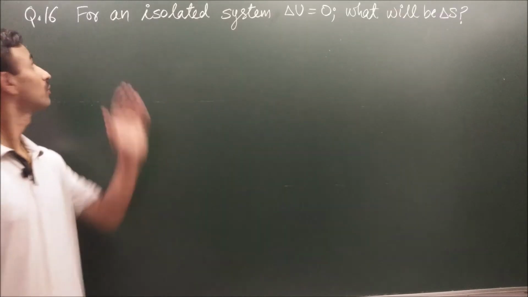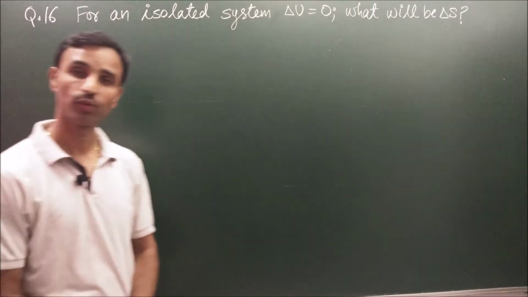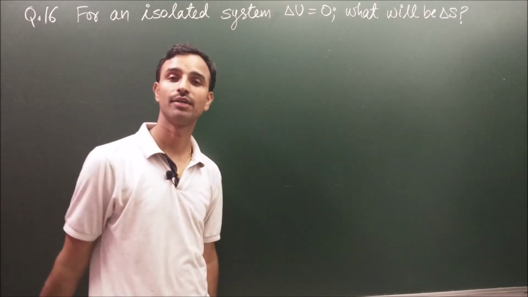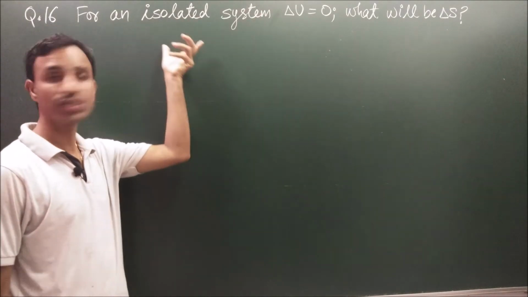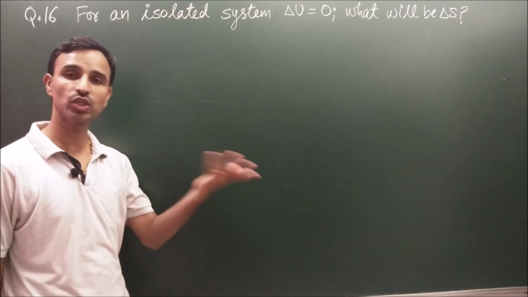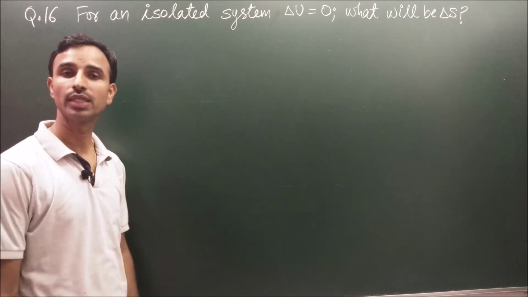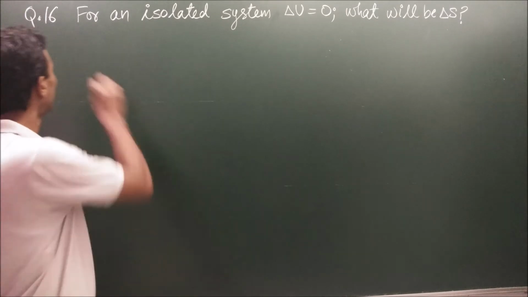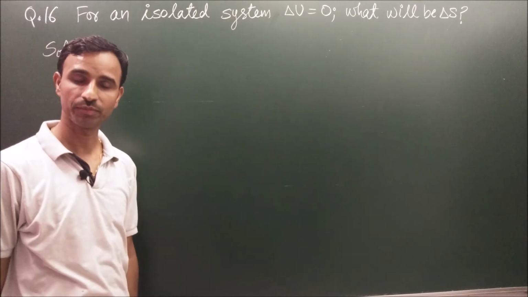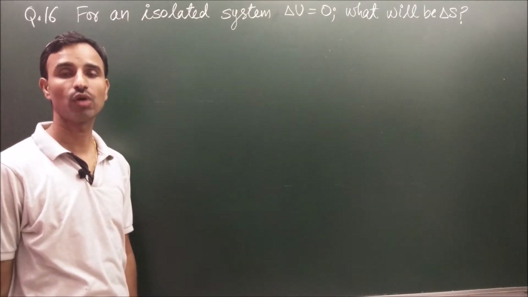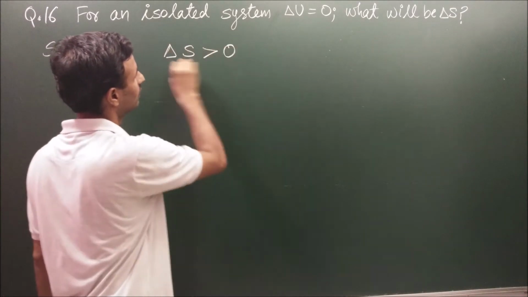Then let's go ahead. Question number 16 is, for an isolated system, delta U is 0. So what will be delta S? So you know, delta U is 0 for an isolated system because there is no exchange of energy or heat with the surroundings. That's why delta U is 0. But according to the second law of thermodynamics, for an isolated system, in case of a spontaneous reaction, delta S is greater than 0.